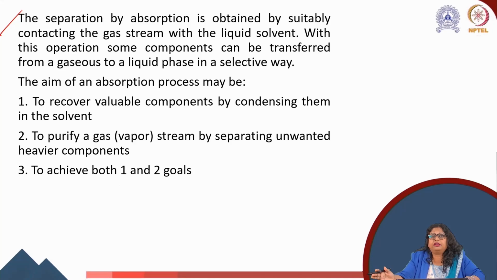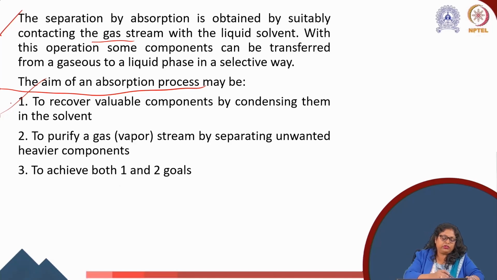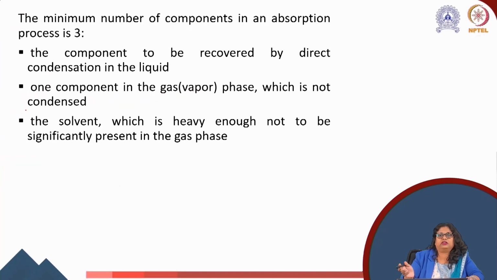The separation by absorption is obtained by suitably contacting the gas stream with a liquid solvent. With this operation, some components can be transferred from the gaseous to the liquid phase in a selective way. The aims of the absorption process are to recover the valuable component by condensing it in the solvent, to purify a gas stream by separating unwanted heavier components, and to achieve both the first and second goals.